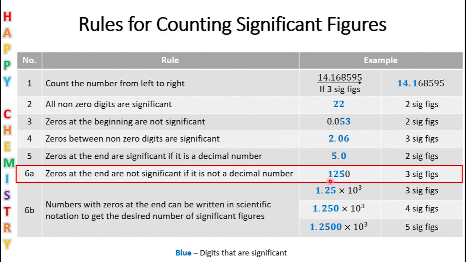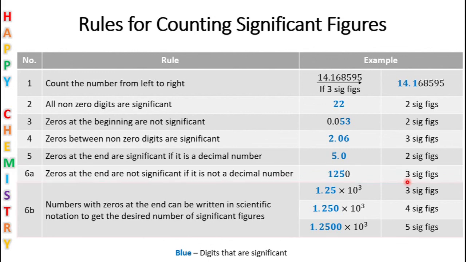Look at the example. 1250. This is not a decimal number. Therefore, the 0 at the end is not significant. Start counting from left. 1, 2, 3. 3 significant figures in the given number.